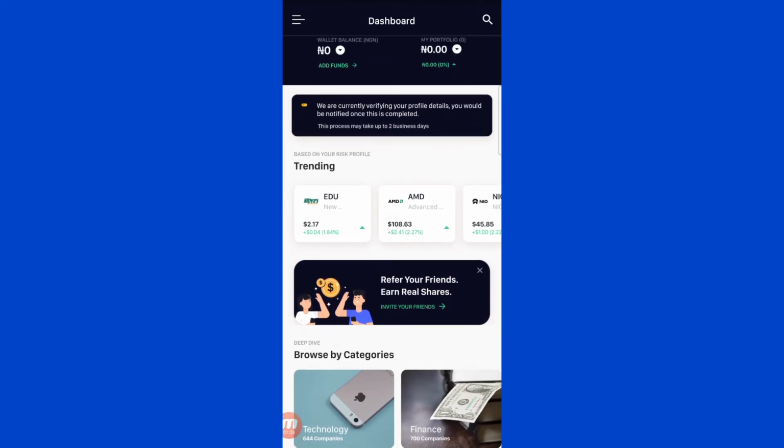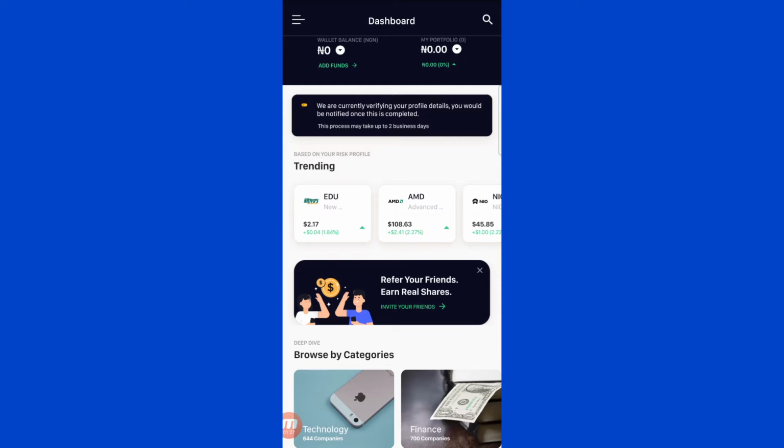Okay, Trove is yet to verify the documents I sent for their KYC. That's why you see this pop up here, but we're just going to move on, right? The first thing you see here is the wallet balance and your portfolio amount, right?